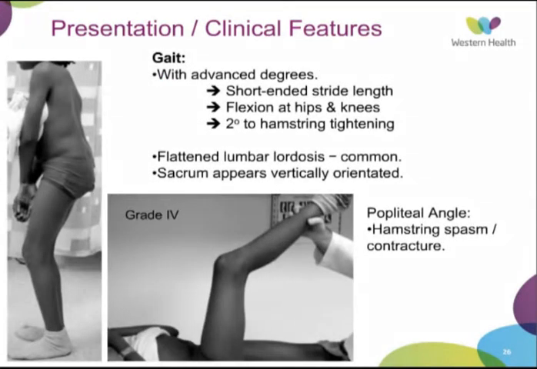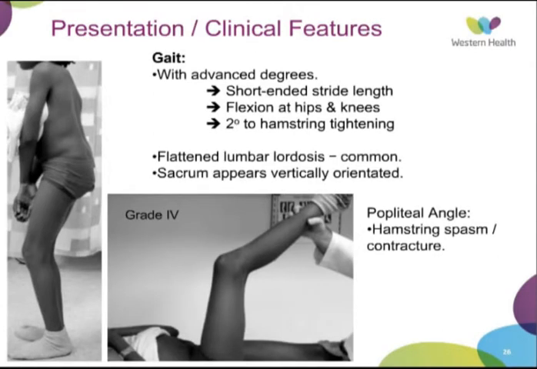In terms of the gait, with the advanced degree, so type 3, type 4, they might have a short stride. As indicated in this picture here, they usually are flexed at their knees and at their hips, and that's secondary to hamstring tightening.